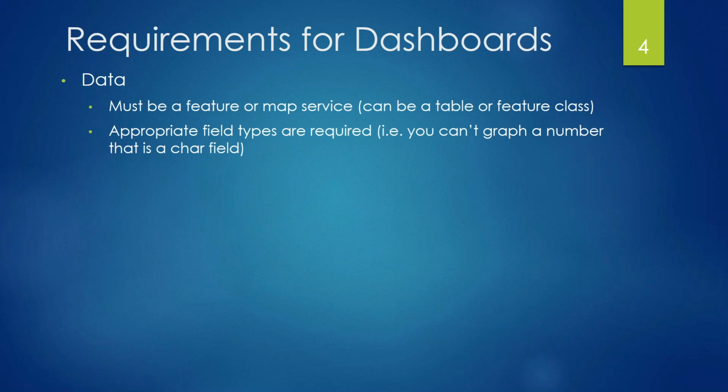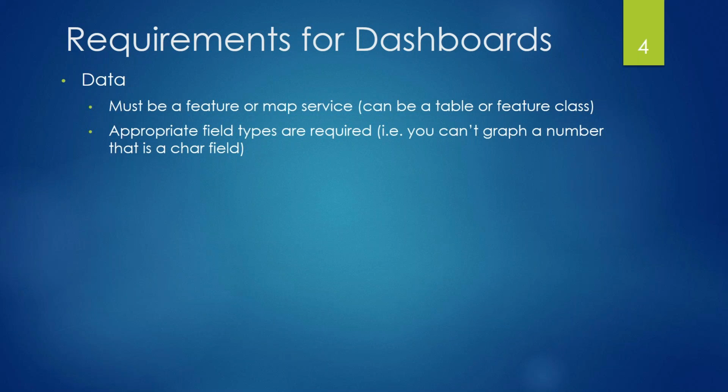So the main requirement for dashboards, you don't have to have maps. The main requirement is that all data must be in feature or map services. It can be a table or it can be a feature class. It just has to be in a feature service. The key reason for this is they use the REST API to do queries to get statistics and whatnot from REST services.